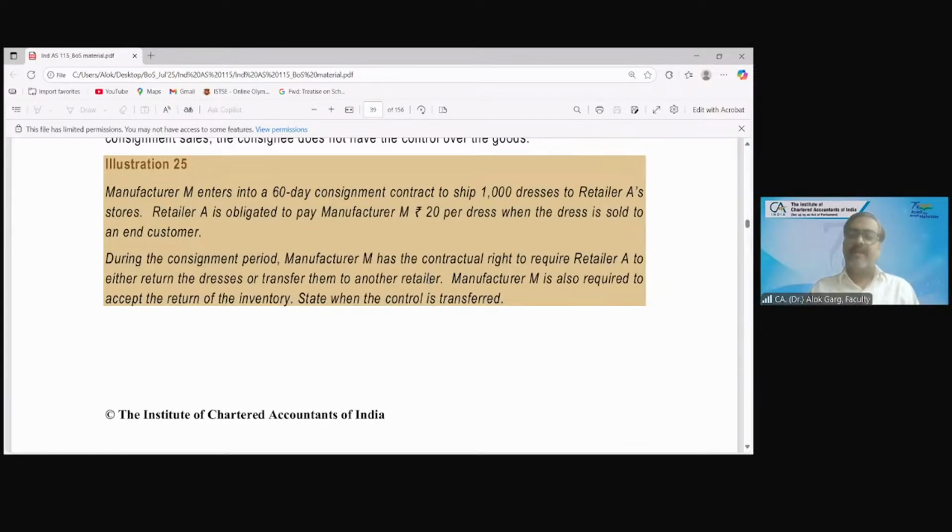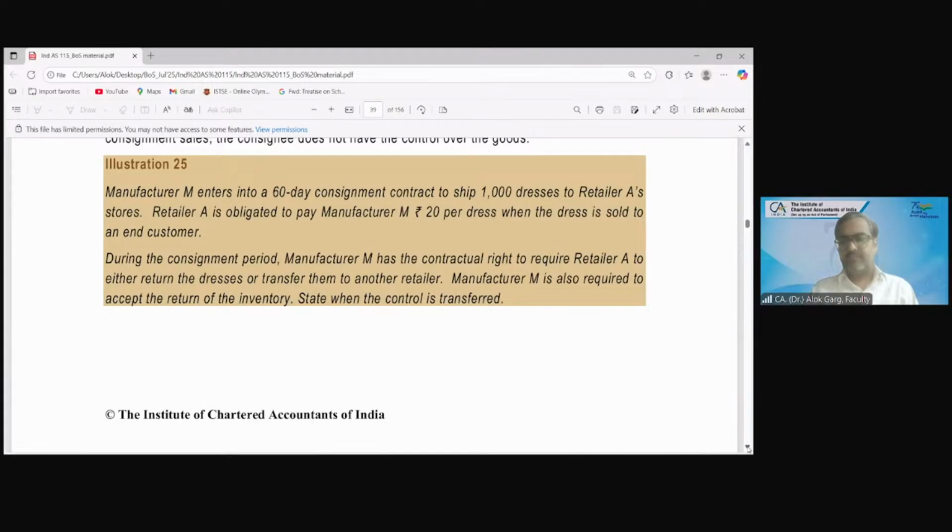He can ask retailer A to either return them or transfer them to another store, because manufacturer M is acting like a principal, correct? Manufacturer M is also required to accept the return of the inventory. State when the control is transferred. Tell me, in this case, when the control is transferred, meaning when manufacturer M will recognize the revenue.